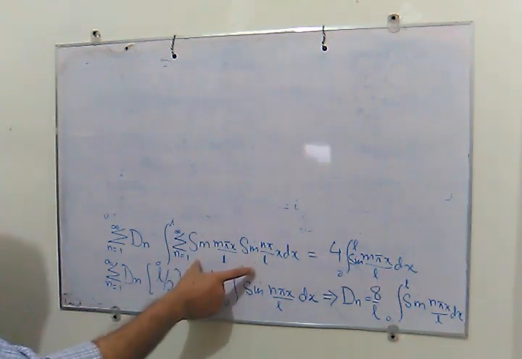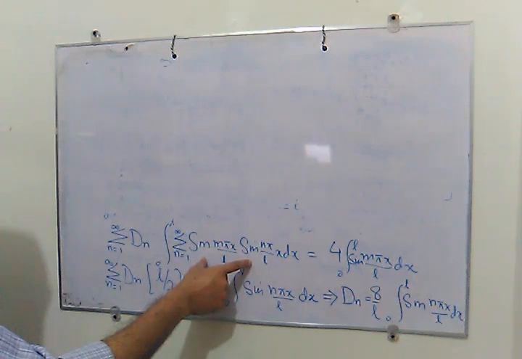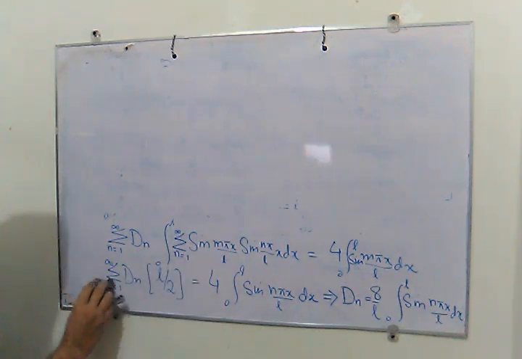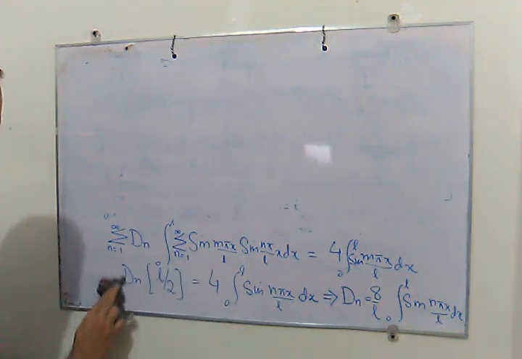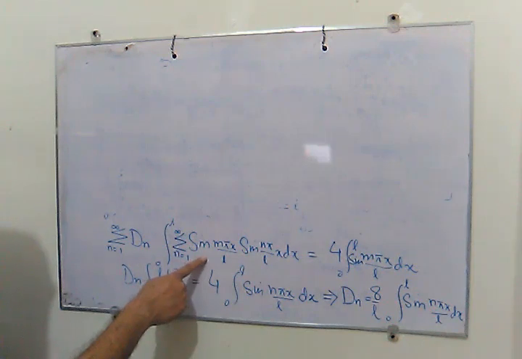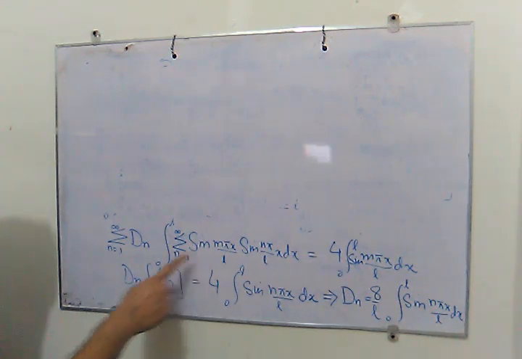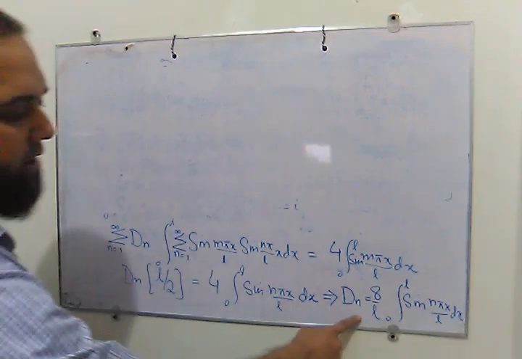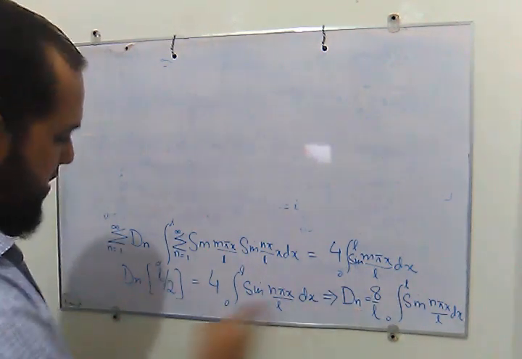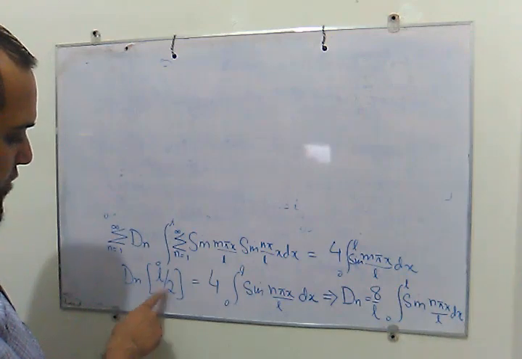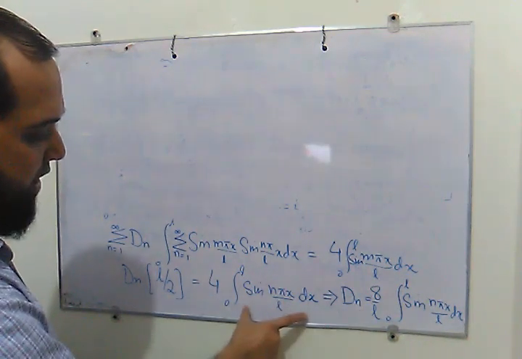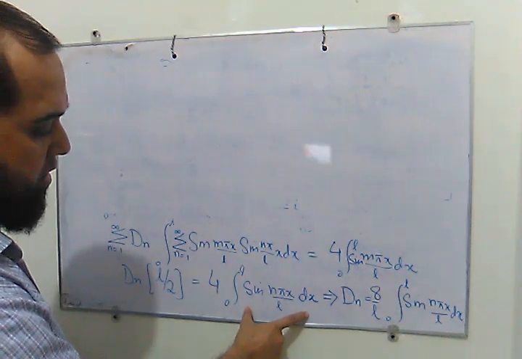We know that the result of this integral is 0 when m is not equal to n, and will be L by 2. So there is only one dn remaining. That's why we have dn equal to 8 by L, because this L by 2 goes to the other side and becomes 2 by L and becomes 8 by L, and we have this integral as well.